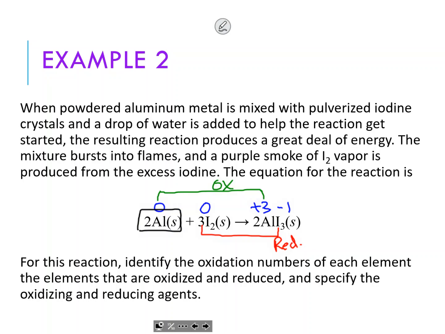So therefore, this one would be your reducing agent, and it would be the aluminum there. Now, the iodine I2, has to be I2, the entire reactant. It is being reduced. So therefore, it's causing the oxidation of the aluminum. So this one is going to be your oxidizing agent.